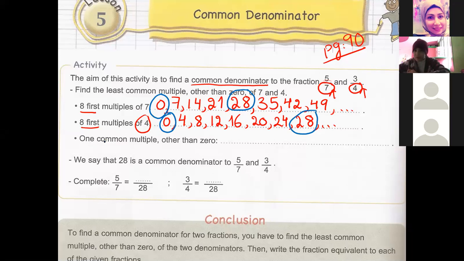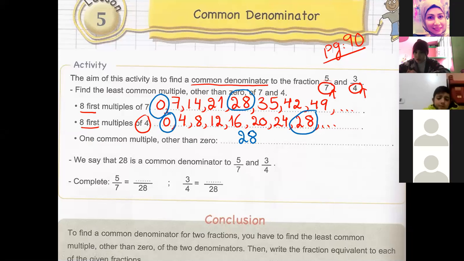So one common multiple other than 0 is 28. 28 is the first common multiple other than 0 for 7 and 4. We call it the common denominator for these two fractions because it's the first common multiple other than 0.